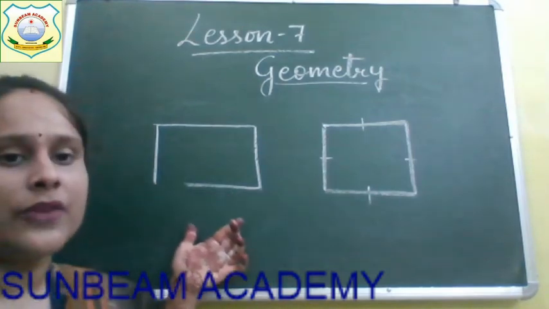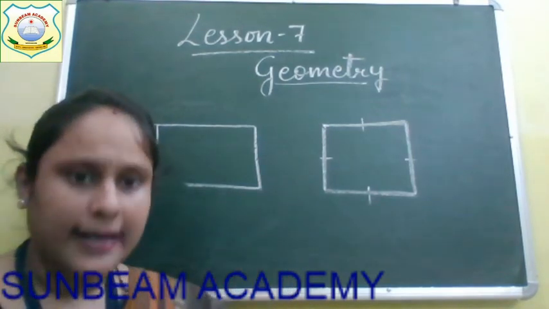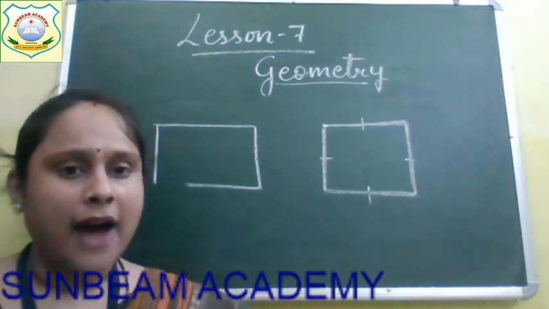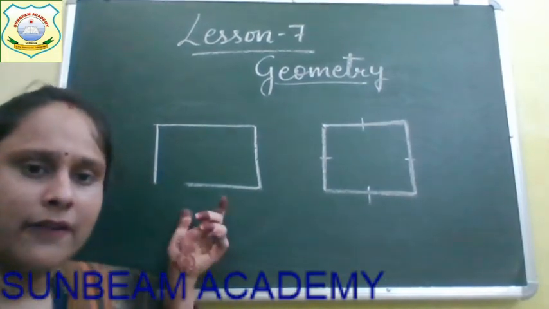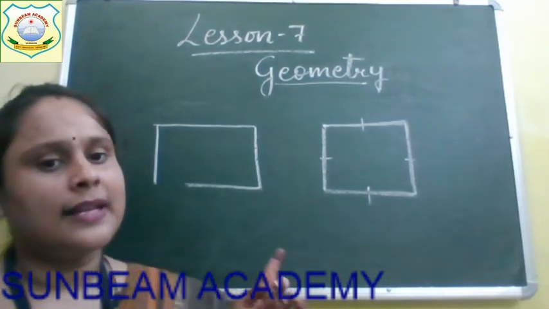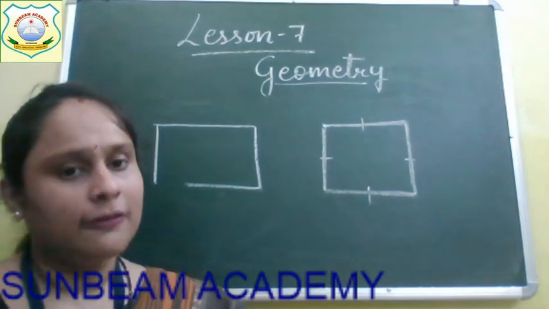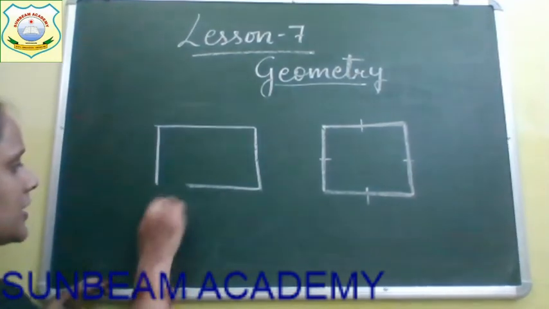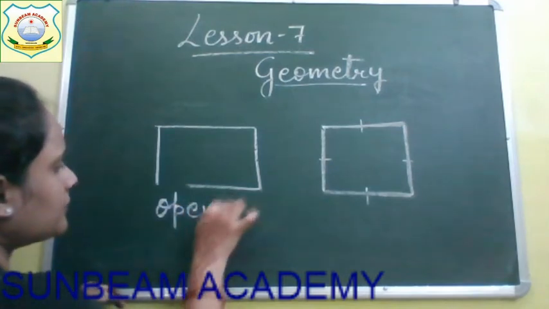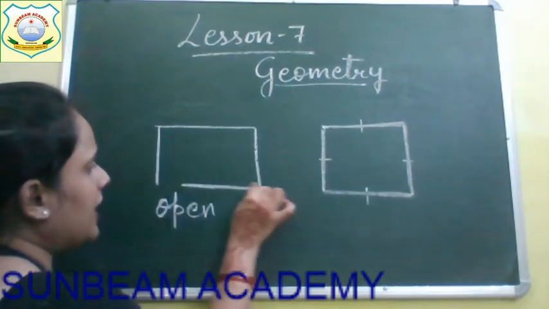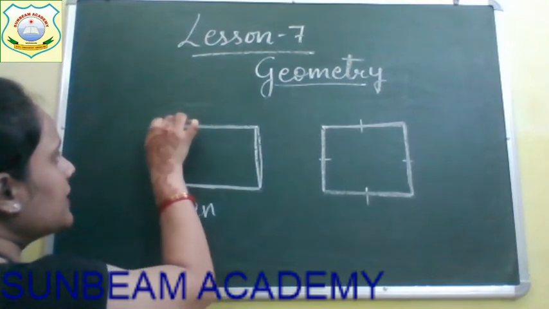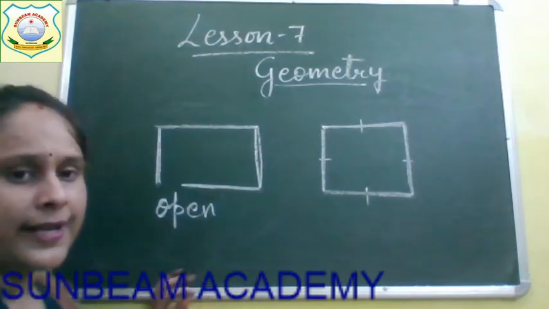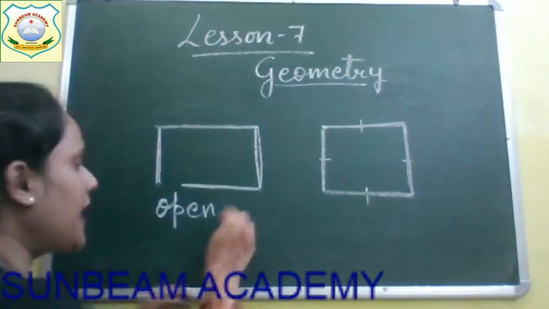The figures which are incomplete, or half done, and open at any space are known as open figures or open shapes. This is an open figure because the end point and starting point are not meeting anywhere.